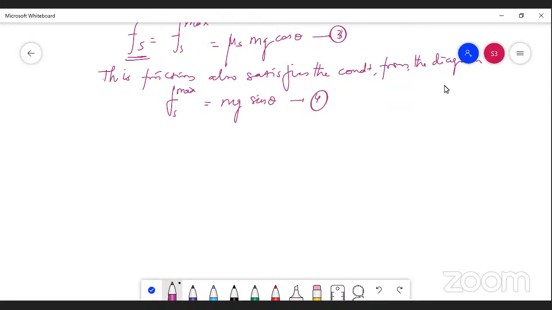If you look at the expressions 3 and 4, the left hand sides are the same, so the right hand sides must be equal.